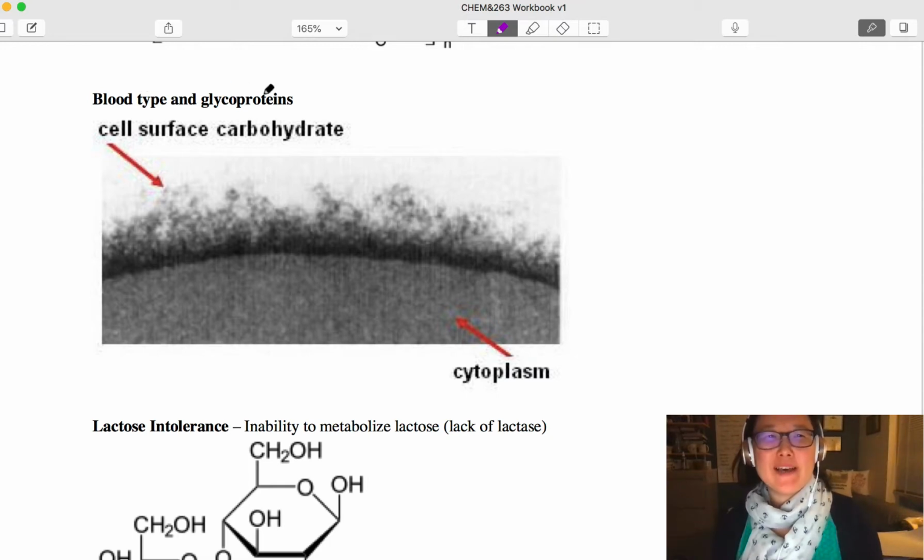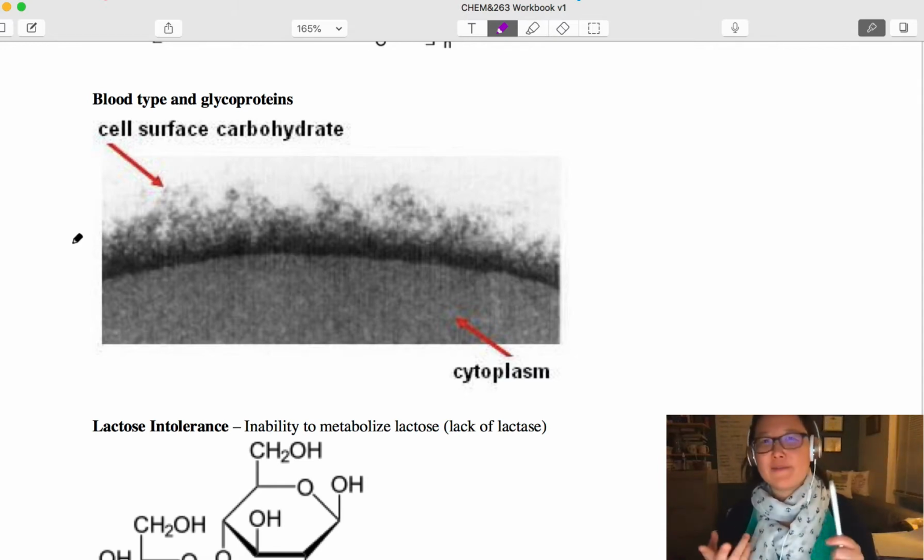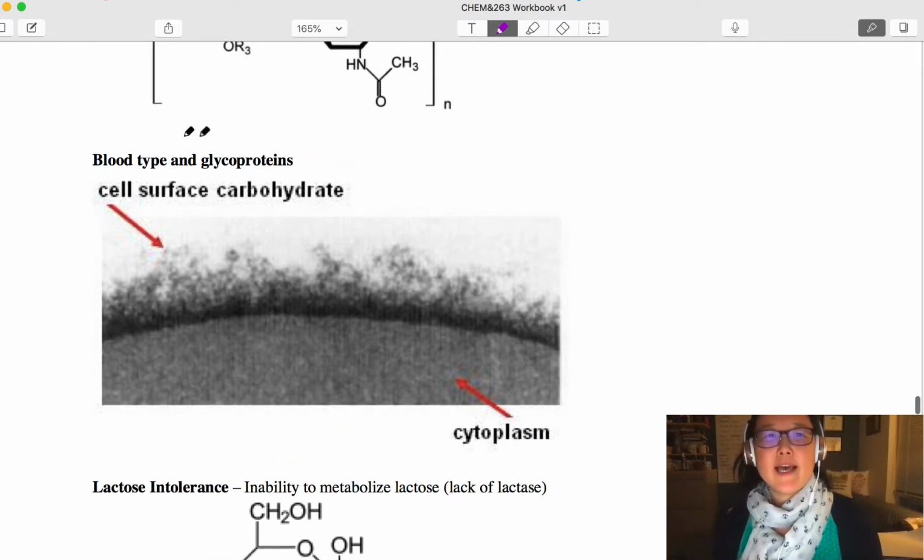Another one is glycoproteins are also used for cell surface recognition, and this is very useful for understanding blood types. So for blood type, about being A positive or O, or all these different blood types, AB. That's due to a kind of signature on your blood cell surfaces, which is based on glycoprotein composition.